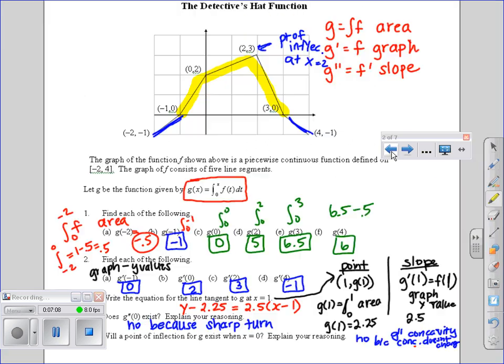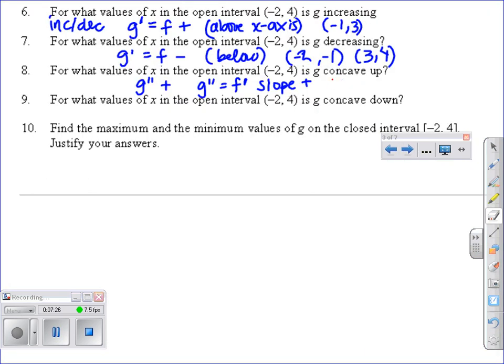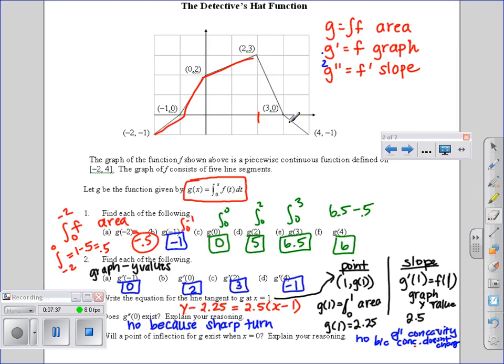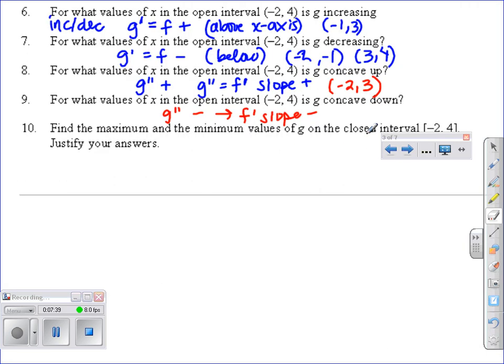So where our slope's positive, our slopes are positive from all the way, and they change to be negative at 3, so from -2 to 3. Sorry. Then g double prime being negative would mean f prime is negative, so our slopes are negative, which indicates concave down. So that's from 3 to 4.